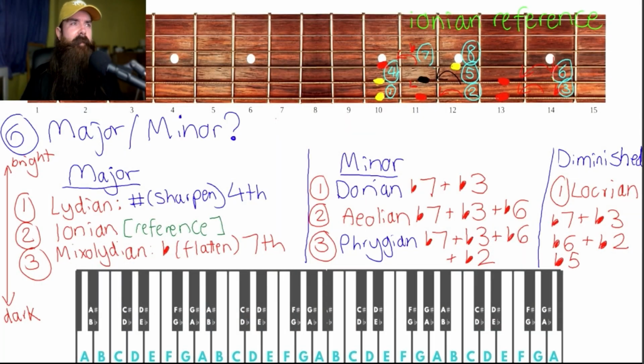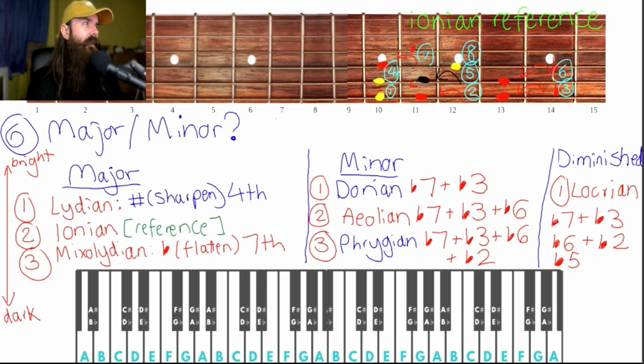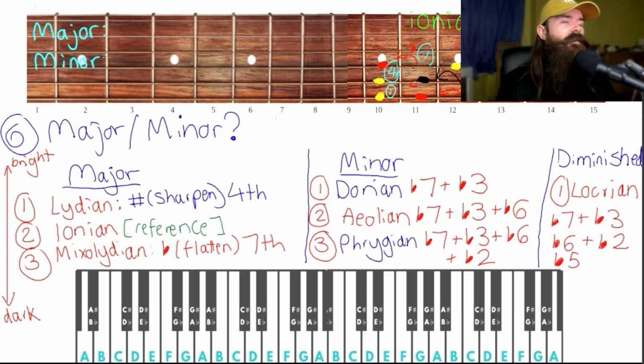What I'll say as well for both diminished and the other ones, the major and the minor, in terms of a major, minor, or diminished triad, very quickly what I'll do to make things a little bit clearer. So just like the beginning of this video, I was saying that the Radiohead song created a sort of eerie, minor, saddened atmosphere. What it was doing was taking a major triad and it turned it into a minor triad. In terms of a major triad, it's taking its 1st interval, its 3rd interval, and 5th interval, and with the minor variation of it, it is taking all of those intervals, but it is flattening its 3rd interval.